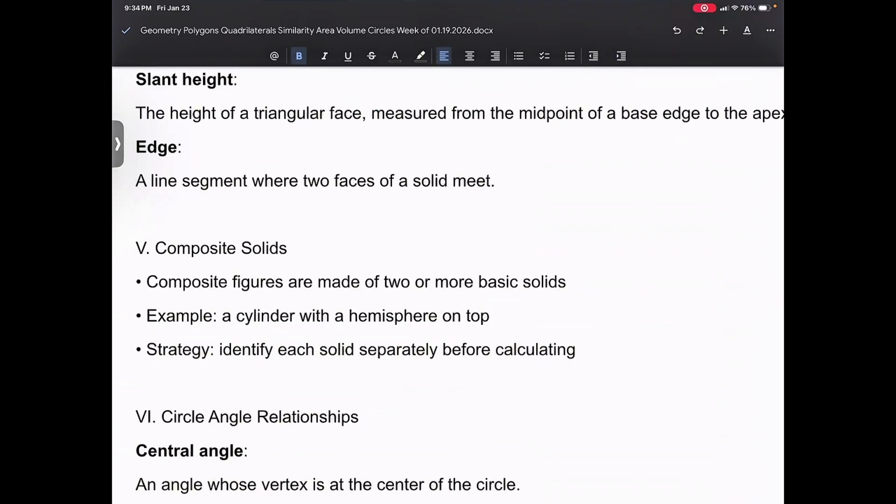Okay, next subject up is going to be composite solids. You can have composite 2-dimensional figures, but we're going to work with solids today. We have an example of a cylinder with a hemisphere on top, basically a half circle.